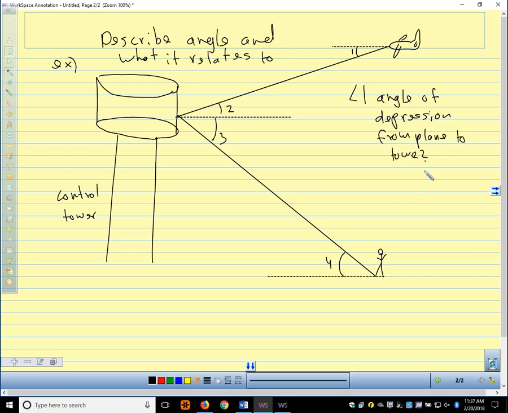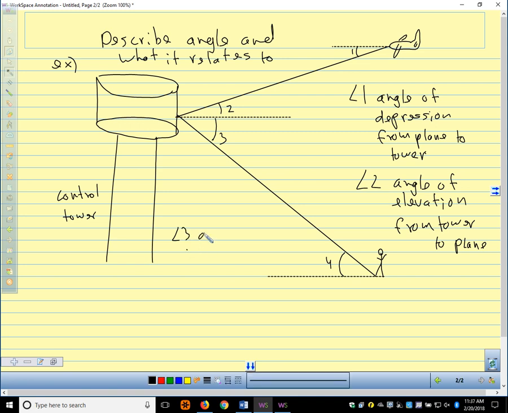How about number 2? Angle 2 would be an angle of elevation, because it goes up from the horizontal. And from what to what? Tower to the plane. How about angle 3? Angle 3 is depression. It's going down from the horizontal. Oops, I wrote angle 1.